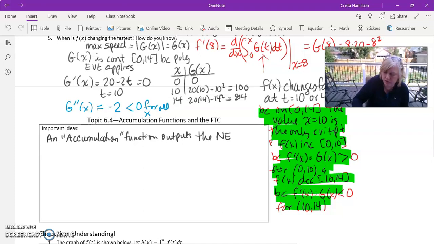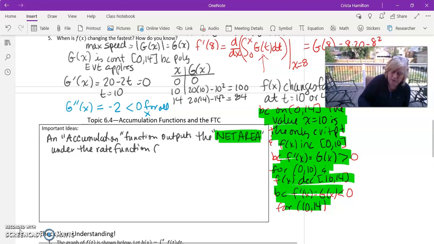I'm going to stress that it is net area, because remember that we're adding positive accumulation if the rate function is above, and negative accumulation, taking away, if the rate function is below. So we have this accumulation function, and it outputs the net area under the rate function curve, from a set starting value to x, which is going to be our input to the function.